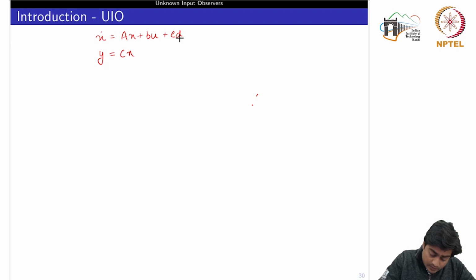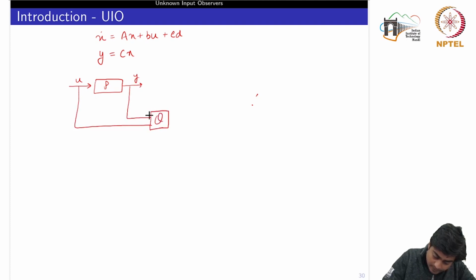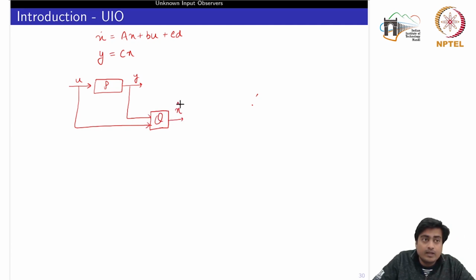So for this disturbance, let's say we have this plant with the input and output y. By taking these two measurements, we have designed an observer which gives us the estimate of the state, right? Now if we have this disturbance term in the plant itself, then what would happen to the observer?